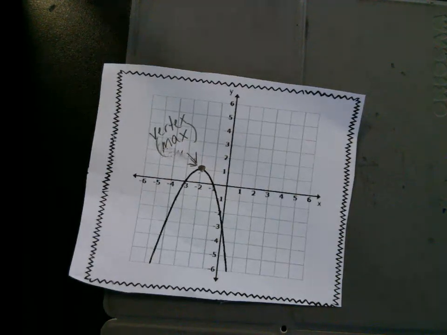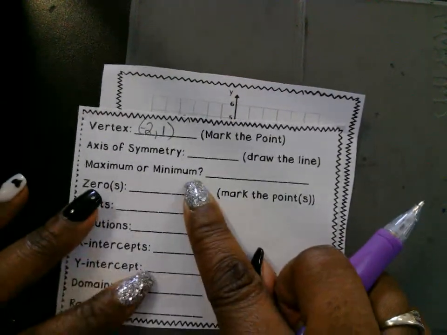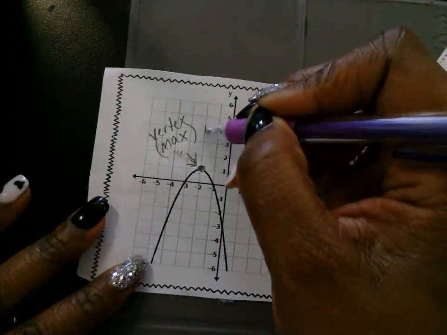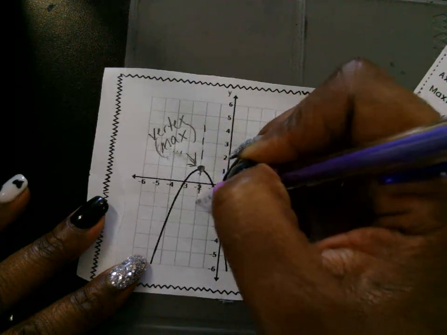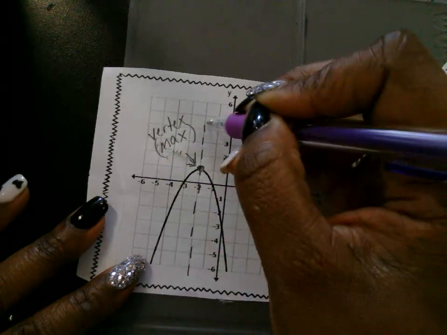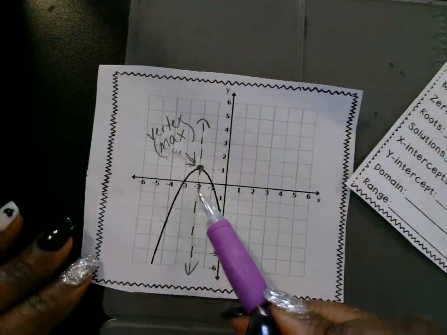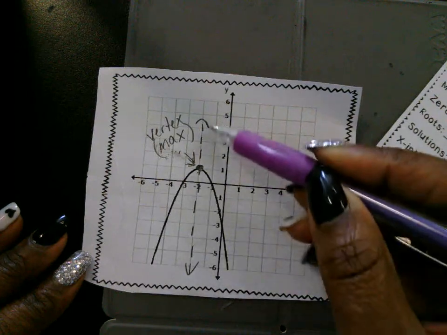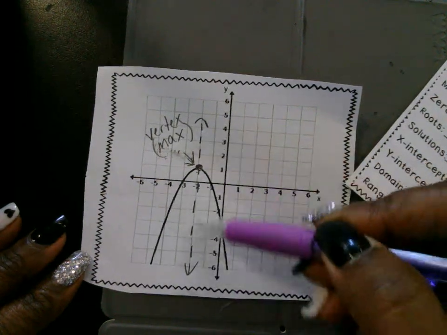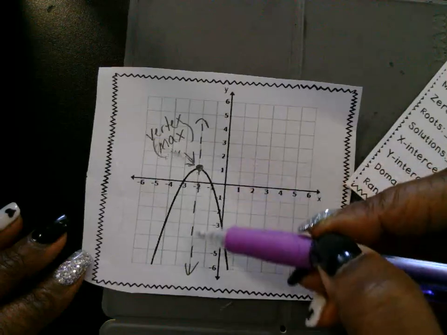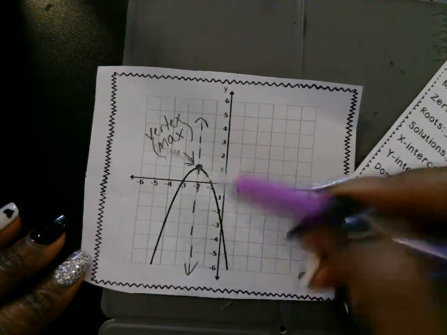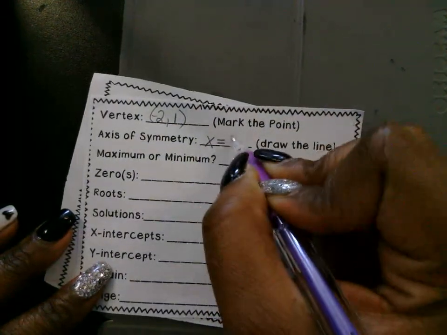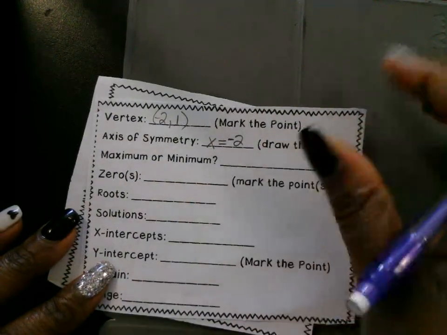Axis of symmetry is the line that cuts the parabola in half. So let's draw it, usually a little dash line, cutting the parabola in half. This is the axis of symmetry. The line goes through what on the x-axis? Negative 2. So x is equal to negative 2. This is my axis of symmetry.